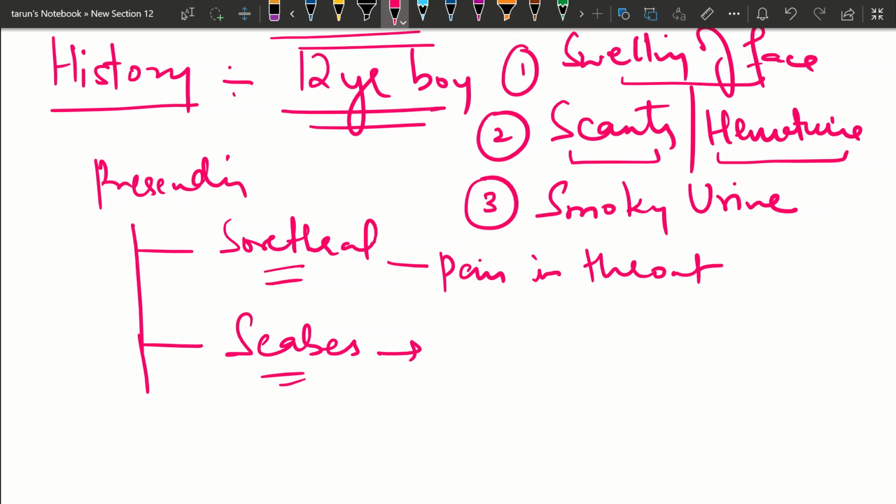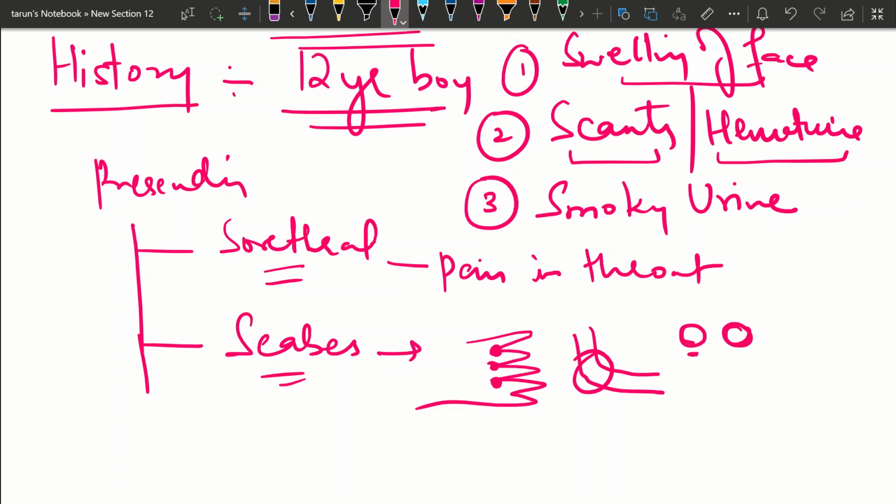For scabies, there will be lesions over the fingers in the web spaces. Scabies usually affects the web spaces of the fingers, or sometimes the elbow, and these lesions can also be seen just below the nipples, around the umbilicus, and in the groin area.